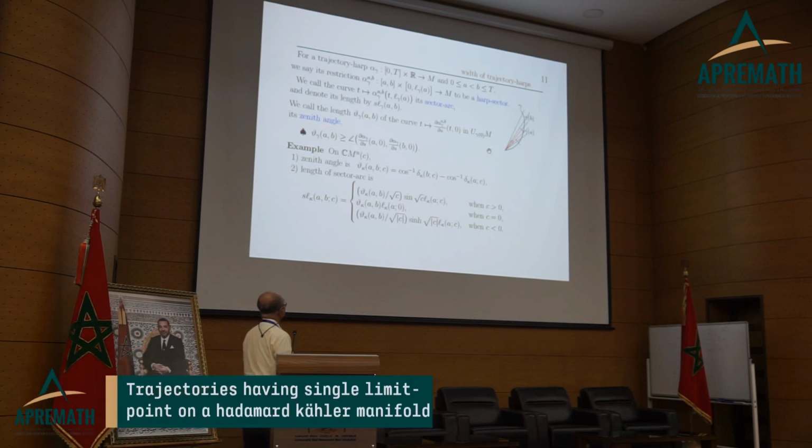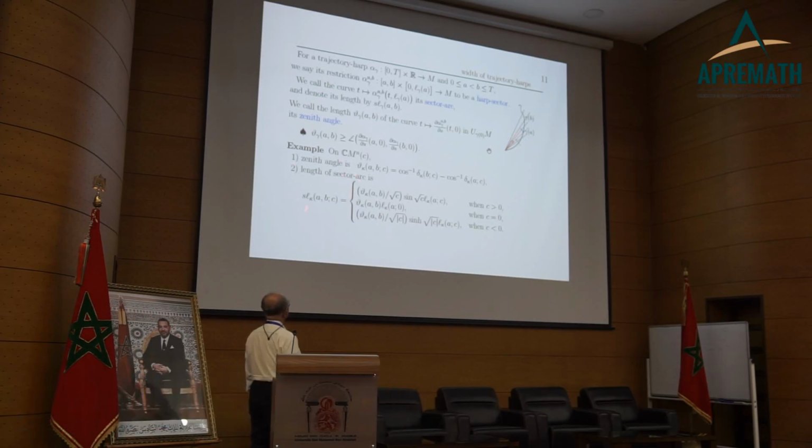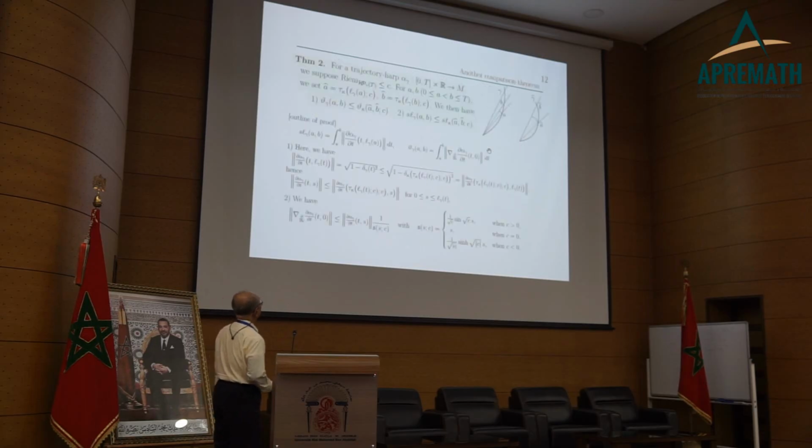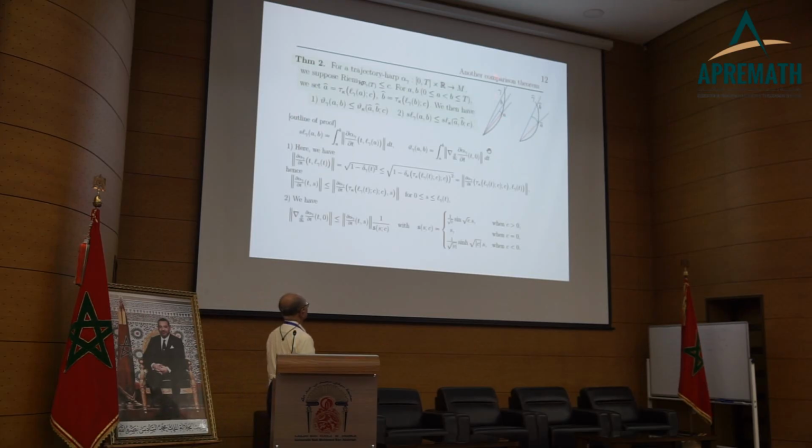Then we have such expressions for these quantities on the complex space form. So we can give an estimate like this. Given the half sector, we compare it with the half sector on the constant complex space form.